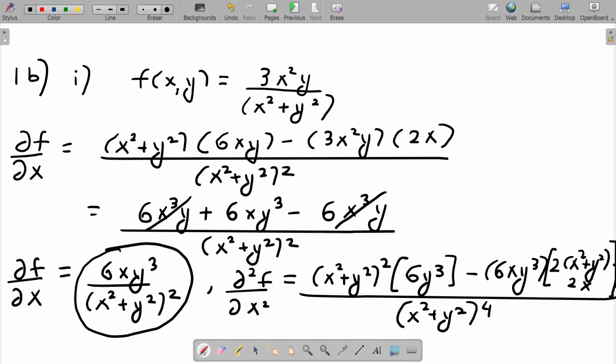And then students can again calculate. Even if you leave your answer here, it's absolutely fine. If you want to solve it further, you can also solve it further. So how can we solve it further?